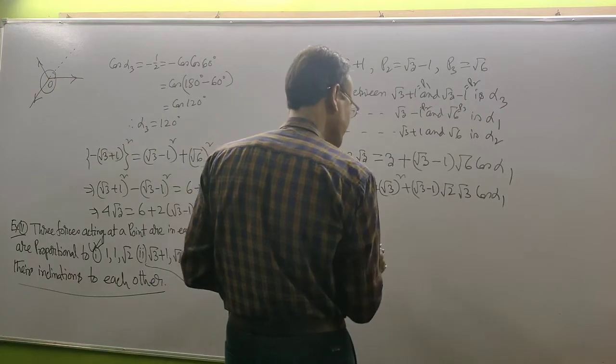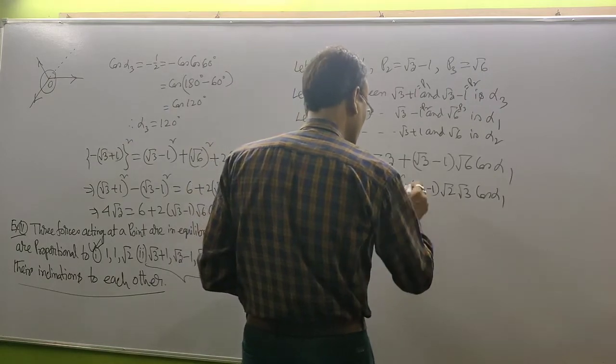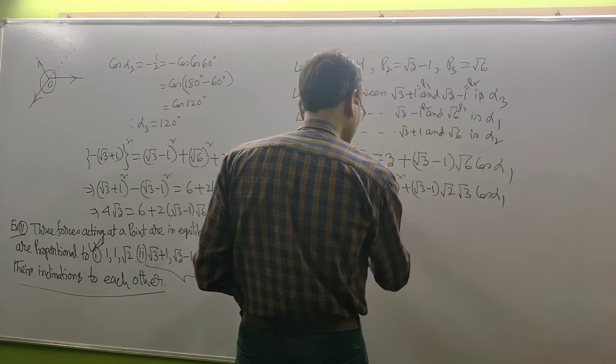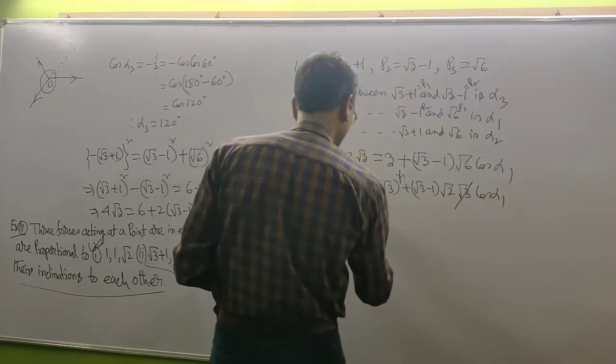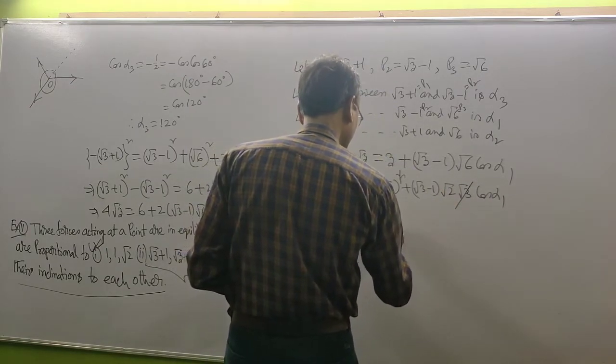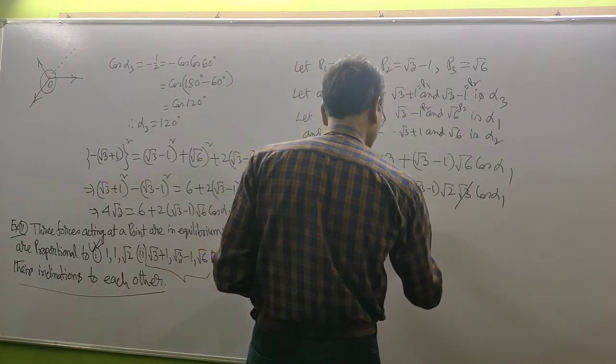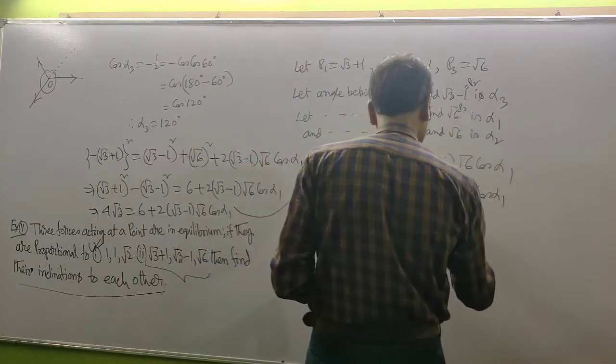This means root 3 cancelled from all sides. 2 equals root 3 plus (root 3 minus 1) into root 2 cos alpha 1.